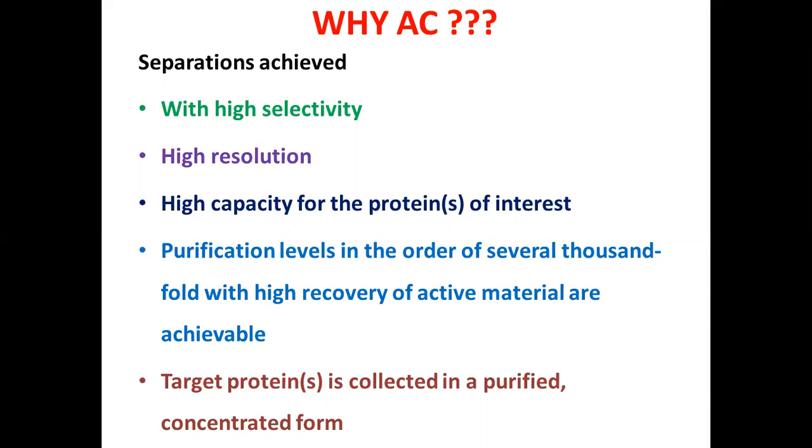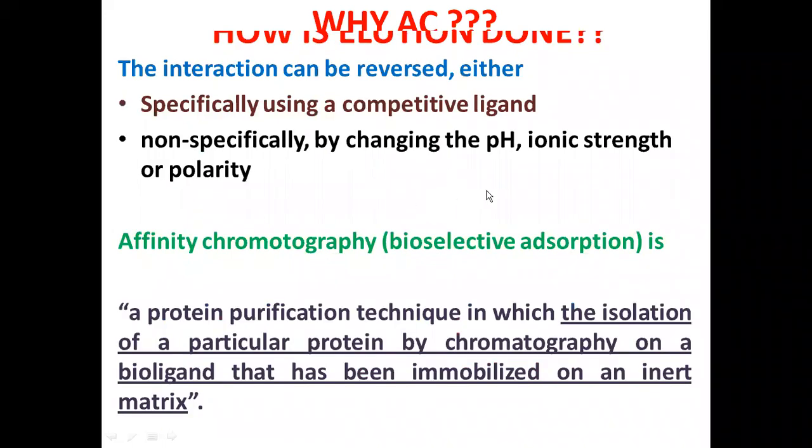And once the target protein is collected in purified form by this technique, we can even increase the concentration of the protein if the protein concentration in the sample was very, very low. By a concentration process after the separation is over, we can obtain the protein at a highly concentrated level. Therefore, affinity chromatography is always advantageous to use.